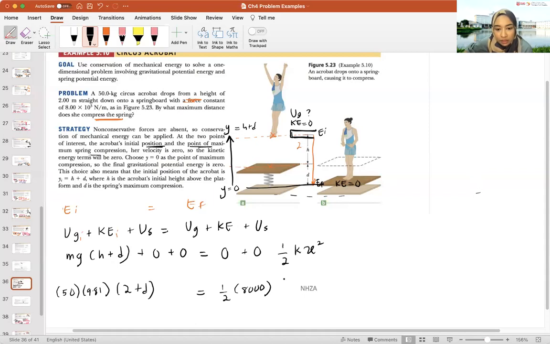1 over 2 kx squared, where x is equal to d. So that makes sense sebab kita punya compression is by d only. It's not h. We started from here. Our compression is d. Now, my question is, should my d be negative or positive?